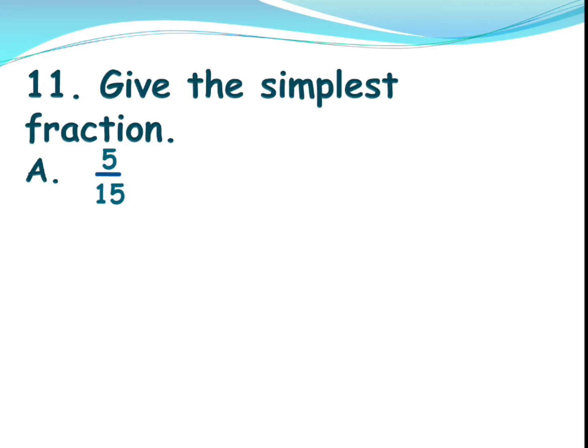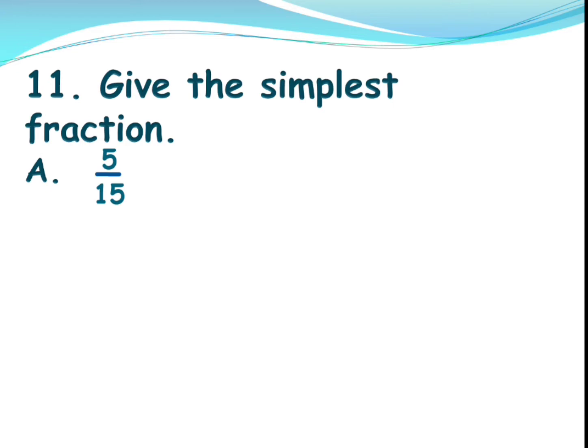So if you see, you have to check if there is any multiplication table in which you have 5 and 15 both in one table. For example, in 2 table you don't have 5 and you don't have 15 also, but in 3 table you have 15. 3 fives are 15. But we don't have 5, right? 3 ones are 3, 3 twos are 6.